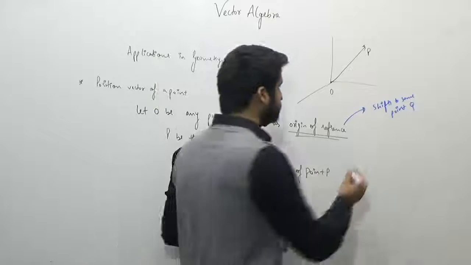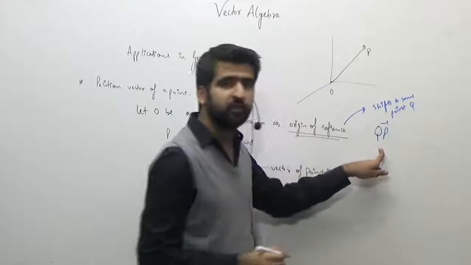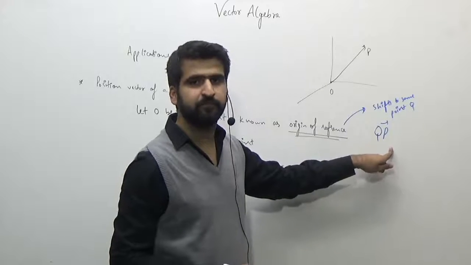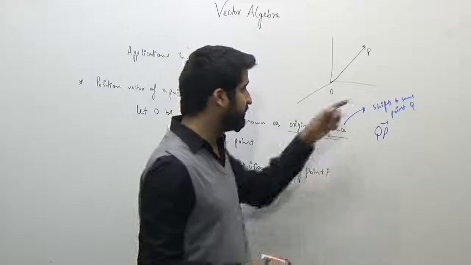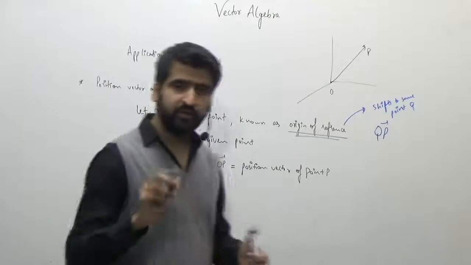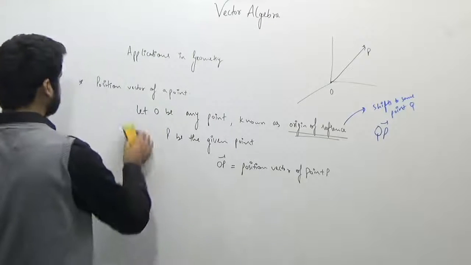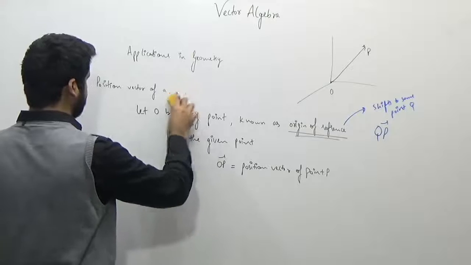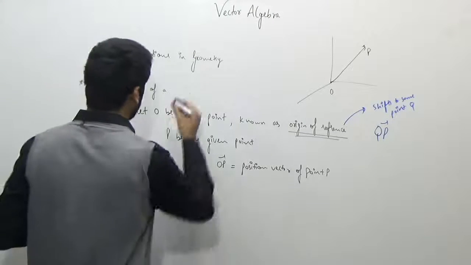It will be equal to the QP vector, not the PQ vector, because this is starting from Q and ending at P. So therefore this will become the QP vector. So you must take care that if the origin of reference shifts, then the position vector of the point will also shift. Now let's see the next application, which is the position vector of a vector.